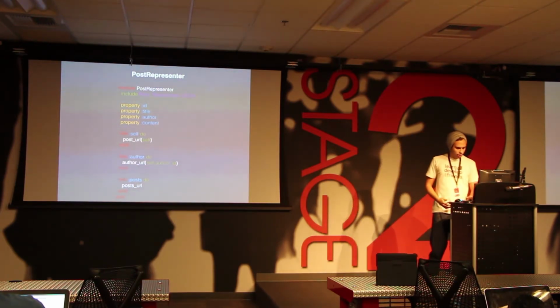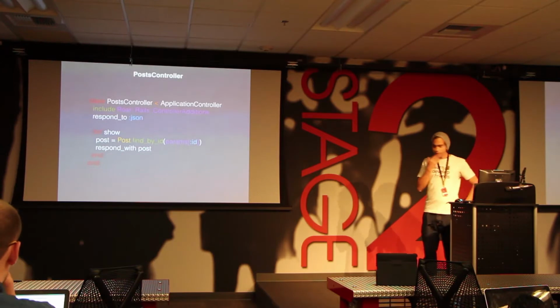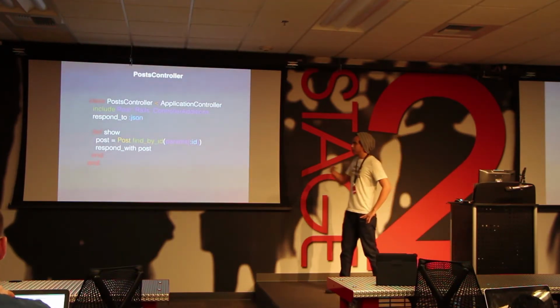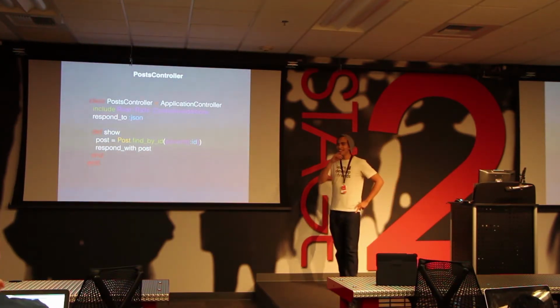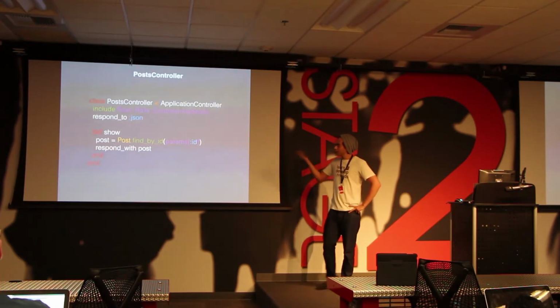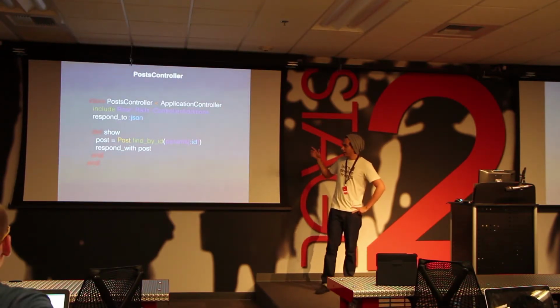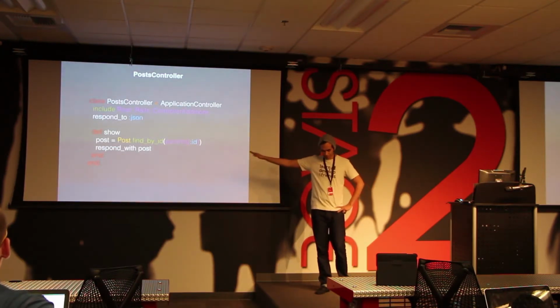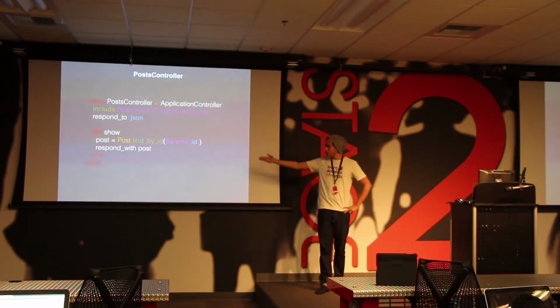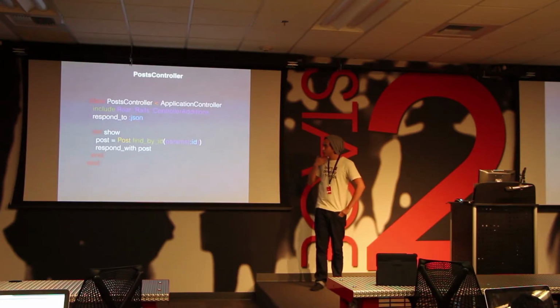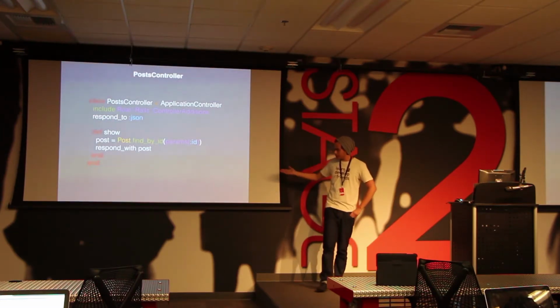Now, the way your controller would look is that you include, oh gosh, that's awful, sorry guys. You would include the Roar module for Rails helpers, and ignore the respond to JSON part. But you would have a method like show, and post equals post by ID.